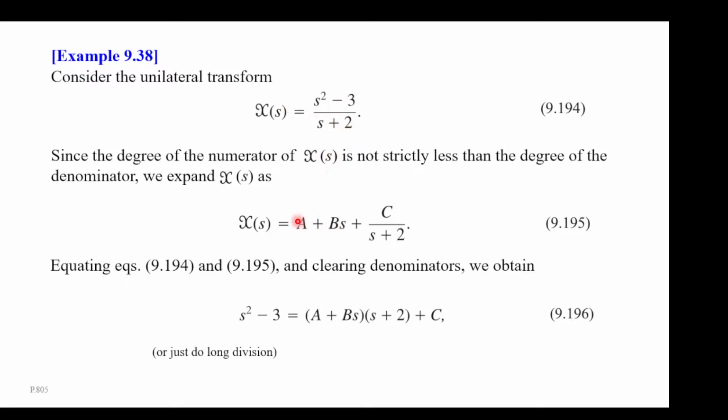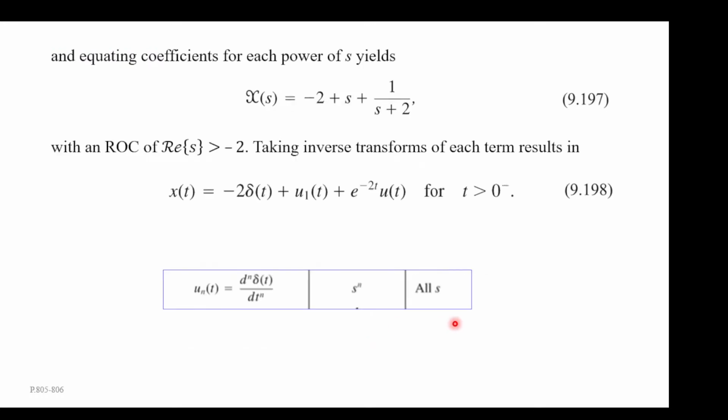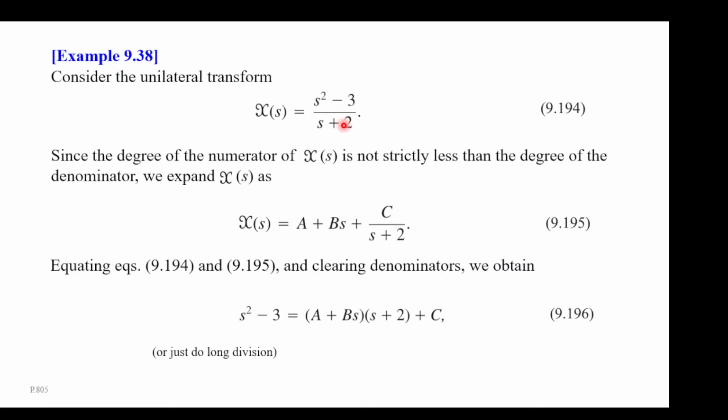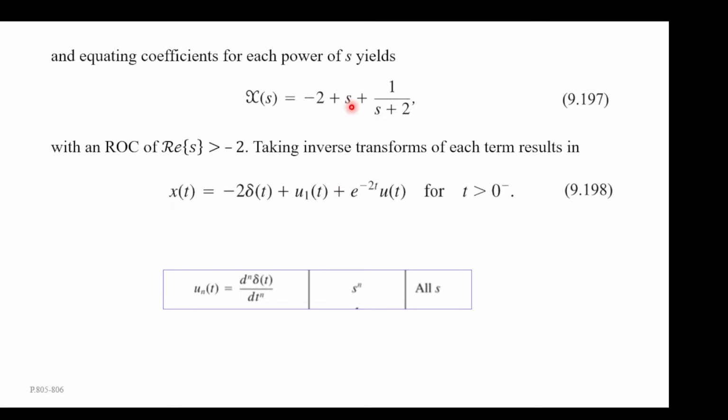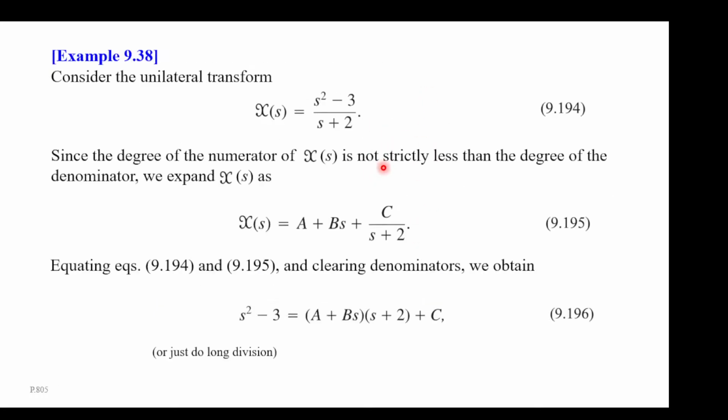We say it's a plus bs plus c over s plus 2, and you do the division to find a, b and c here.